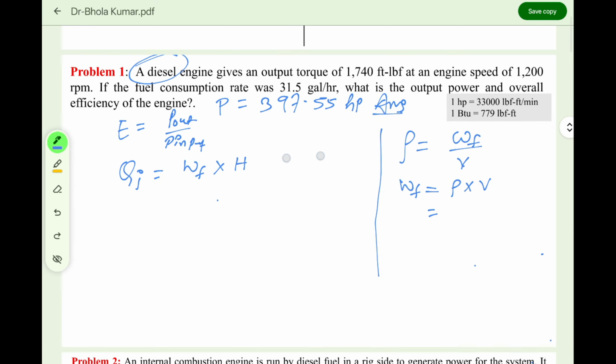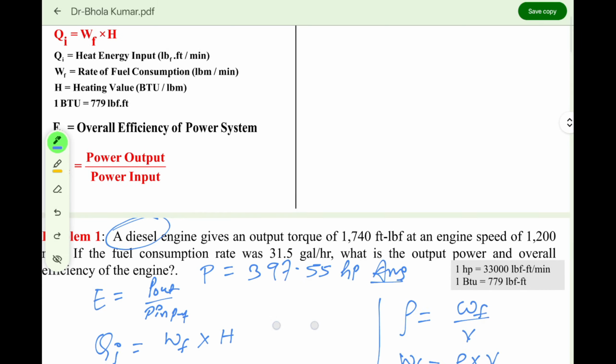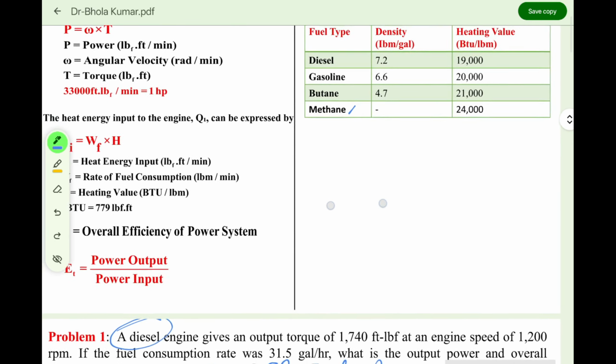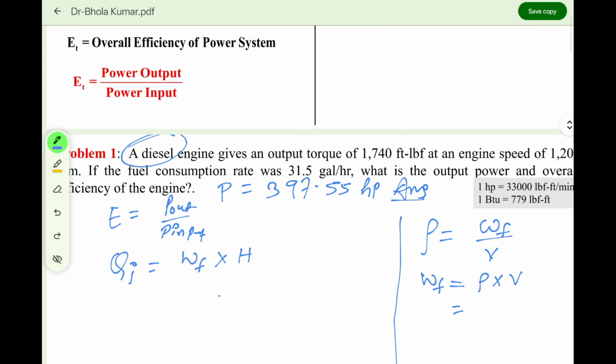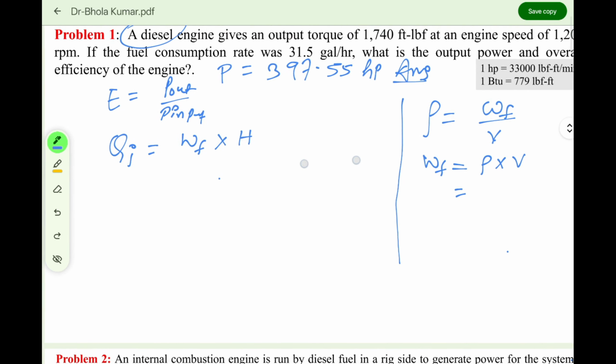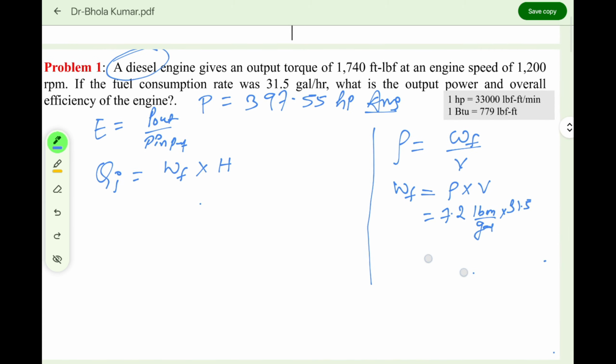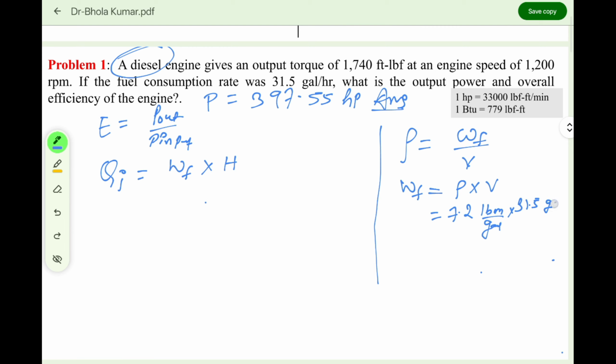Which engine are they talking about? Diesel. The density of diesel is given as 7.2 lbm per gallon, and the volume is given as 31.5 gallon per hour.